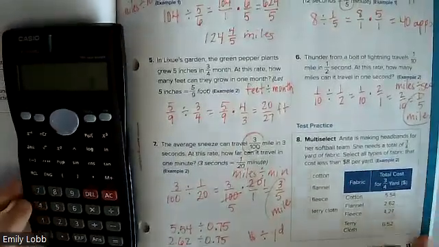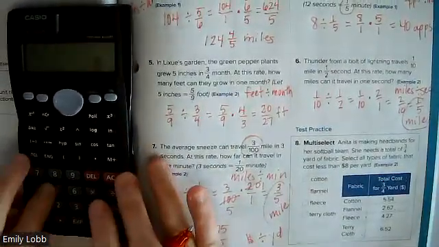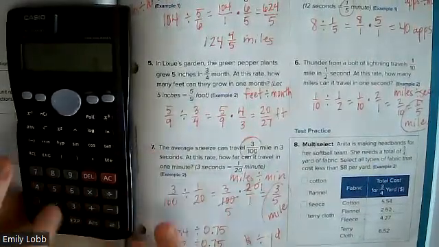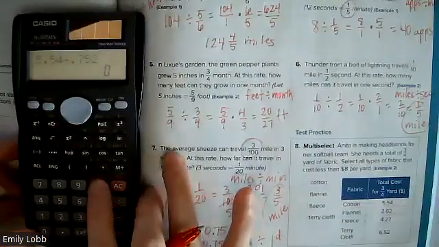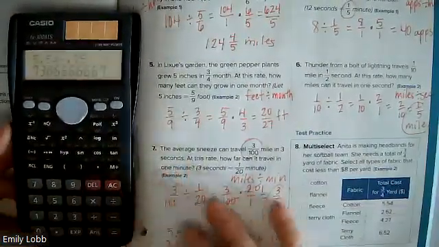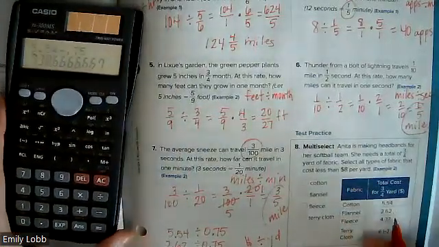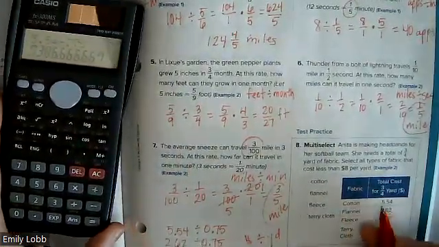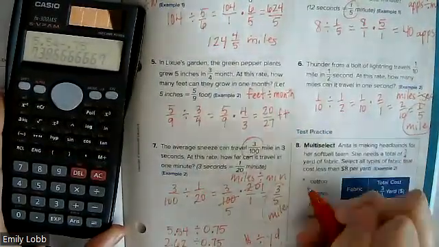We only know what it is per 3/4 of a yard. 5.54 divided by 0.75. So let's just say this one is less than 8, right? So we can say cotton is less than $8.